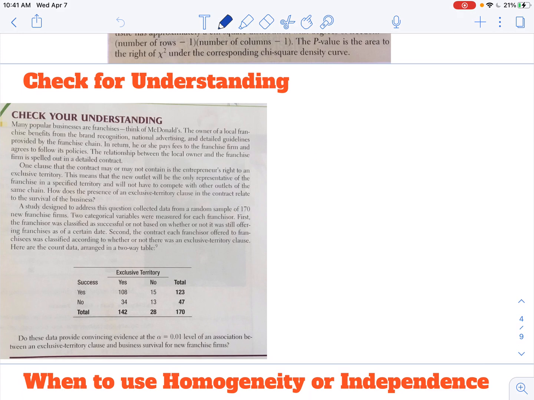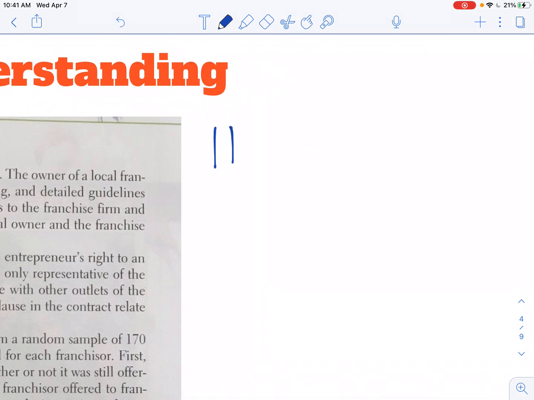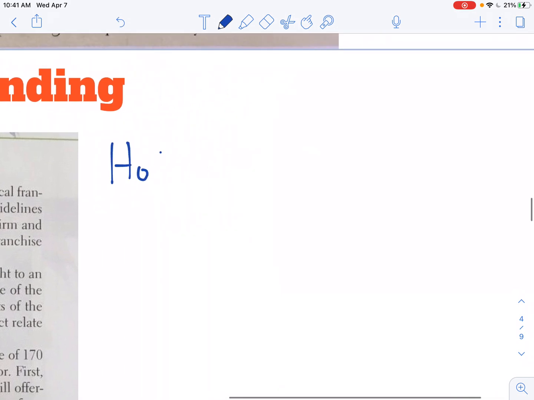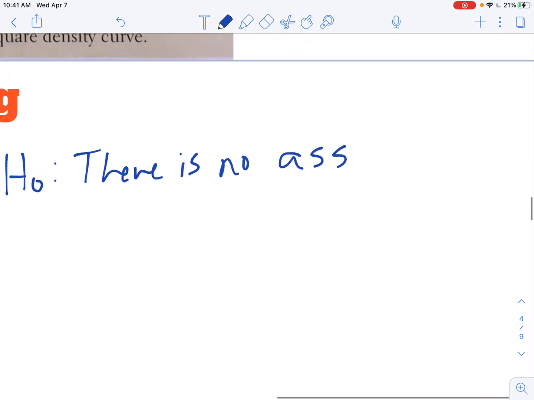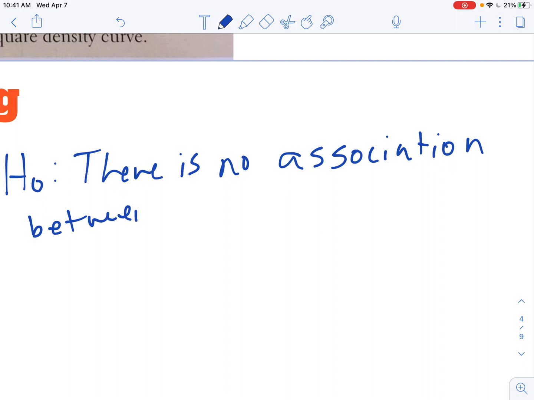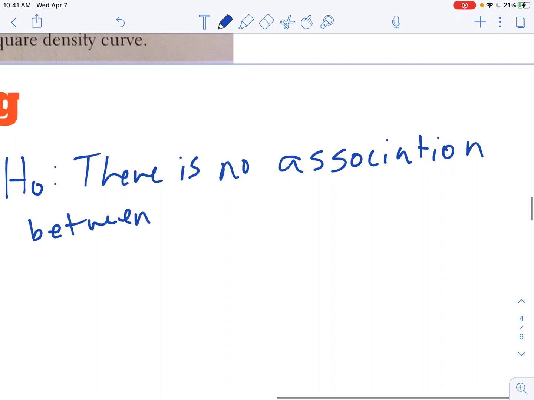So first of all, we're going to establish our null hypothesis, which is there is no association between having an exclusive territory contract and success of franchise.